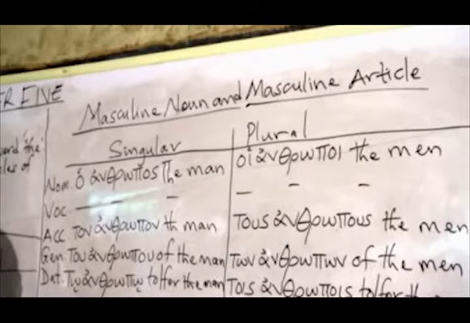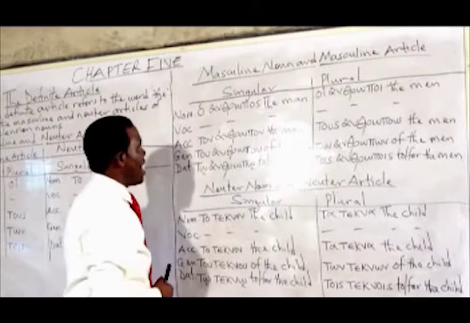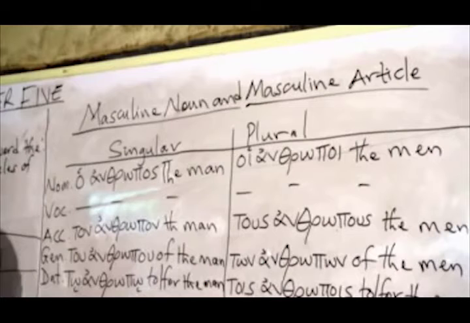In the nominative, we have the article and the nominative singular word, ho anthropos, which means the man. In the nominative plural, we have hoi anthropoi, which means the men.